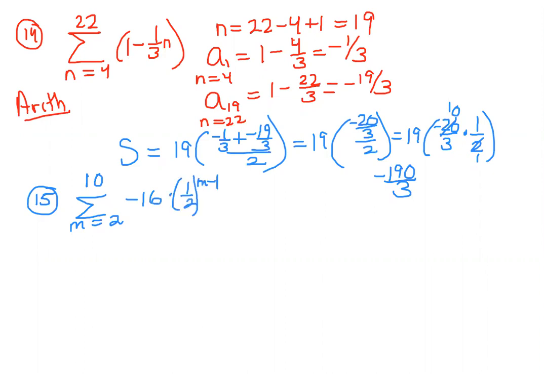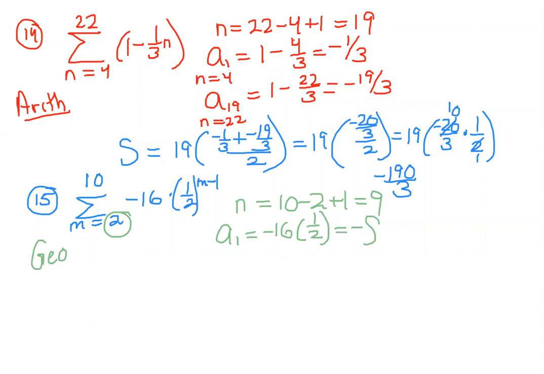All right, this right away you can tell is geometric from the way it looks. And our n is 10 minus 2 plus 1, which is 9. And our first term is when m equals 2. So that is negative 16 times 1/2, which is negative 8.